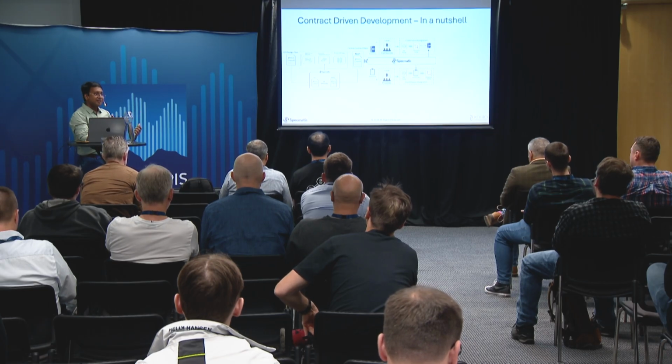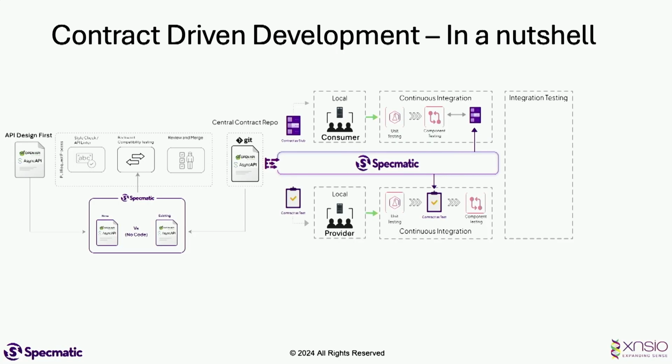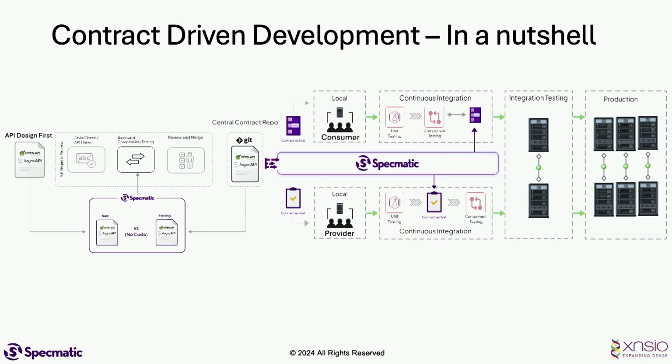But they're still quite integrated, because Specmatic is doing the arbitrage and making sure both sides of the API boundary are adhering to the agreement, which is the API contract that they agreed to. And once you do that, when you go to integration, you're not going to have a lot of surprises. It's going to work pretty much butter smooth. And from there, you have a clear path to production.